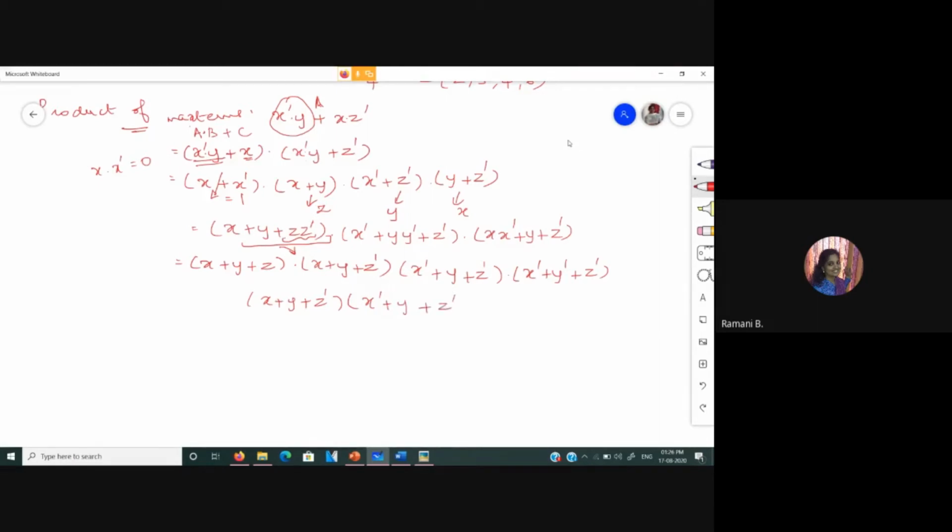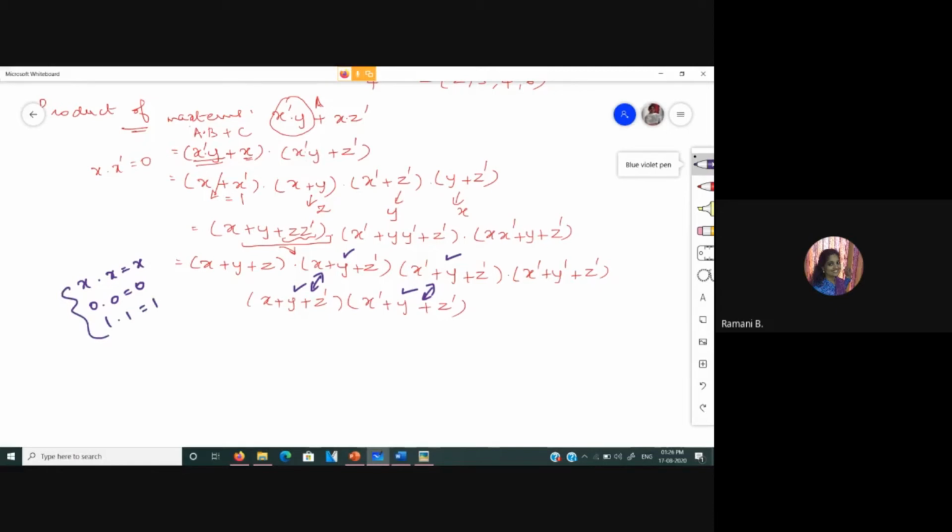And for the last, you have x plus y plus z bar dot x bar plus y plus z bar. Now again, if we check whether we are having any repetitive terms, we find x bar plus y plus z bar and x plus y plus z bar are repetitive. So we can write once for these because x dot x is x, 0 dot 0 is 0, 1 dot 1 is 1.